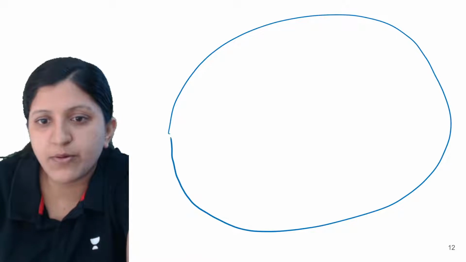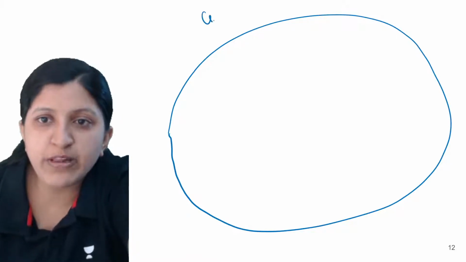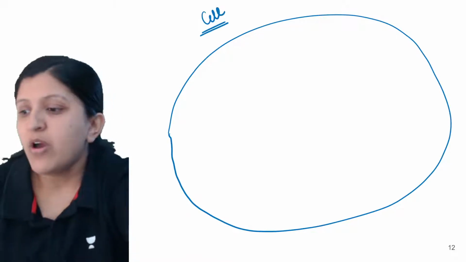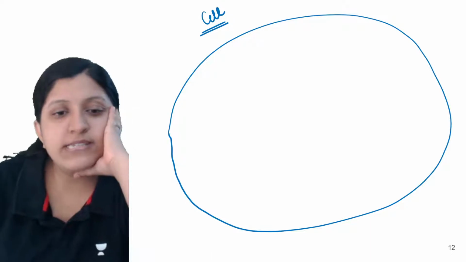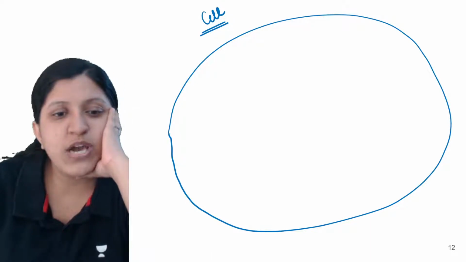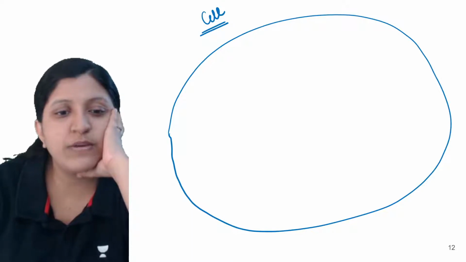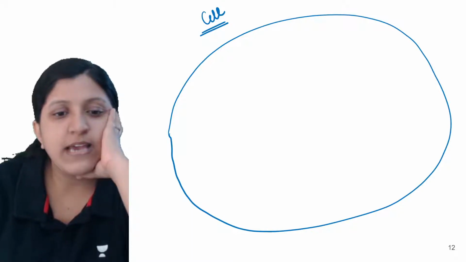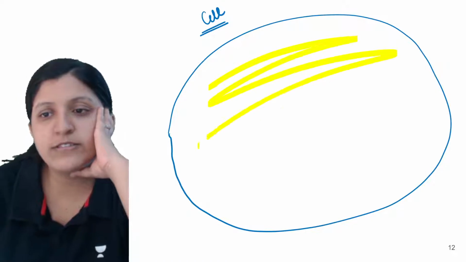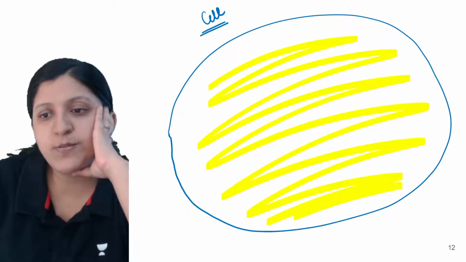All right, so here is the big cell. Okay, so this is the cell. Now in this cell let's put up the cytoplasm that is present. So let me highlight the cytoplasm that you can find. So this is completely the cytoplasm over here.